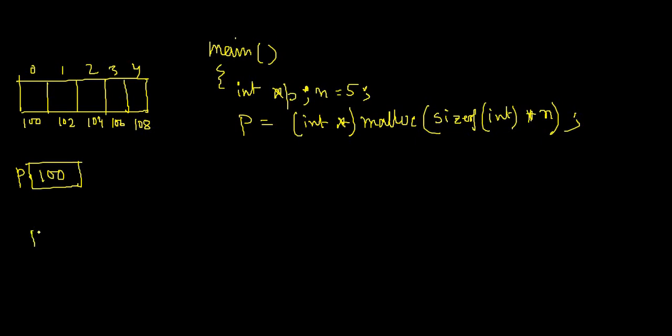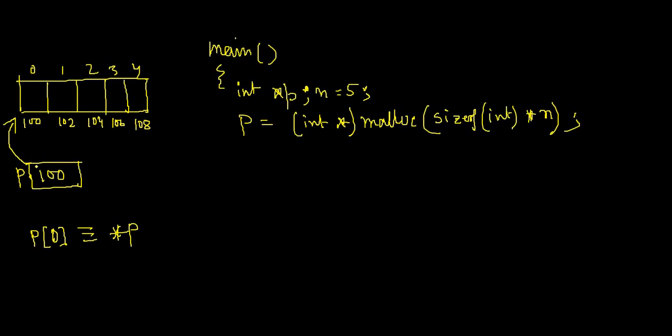So writing P of 0 is equivalent to writing pointer P, because P contains this address, it can point to the content of the first memory location of the array.